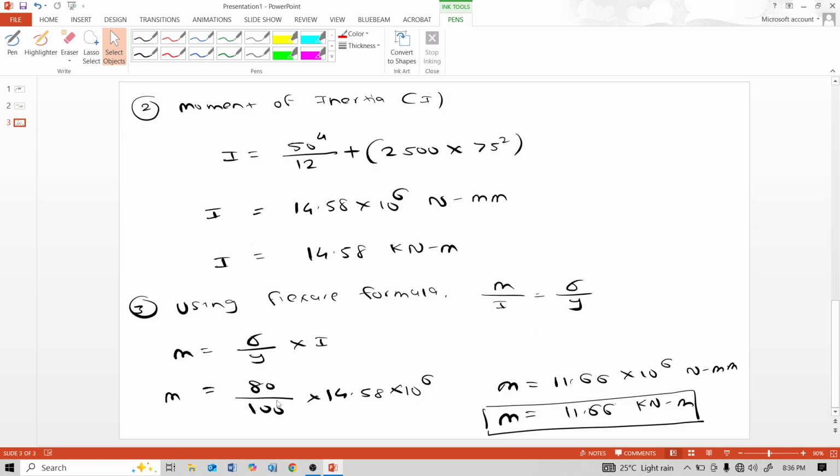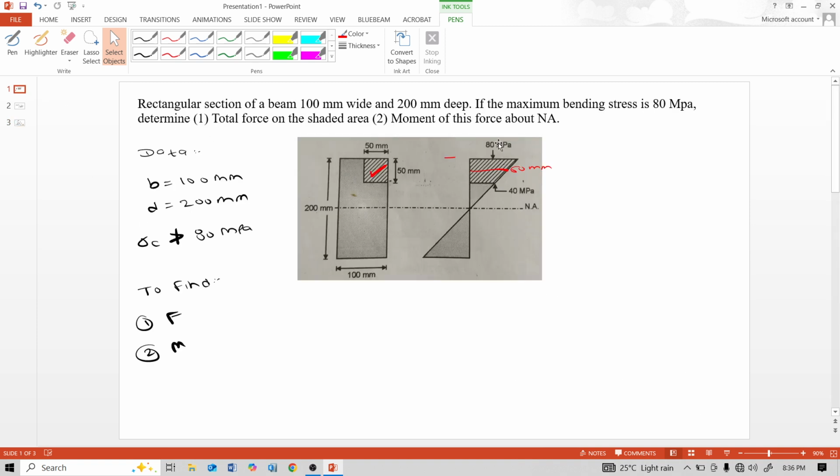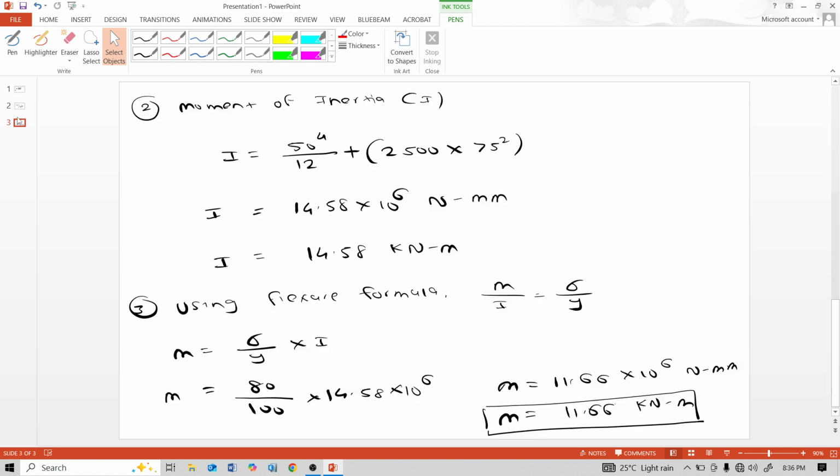Now next, for finding the moment of this force about the neutral axis, we require the moment of inertia. So we find the moment of inertia for that square part: 50 raised to 4 divided by 12 plus 2500 into 75 square.